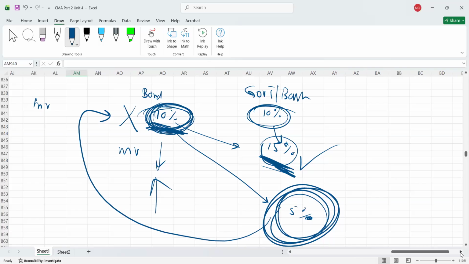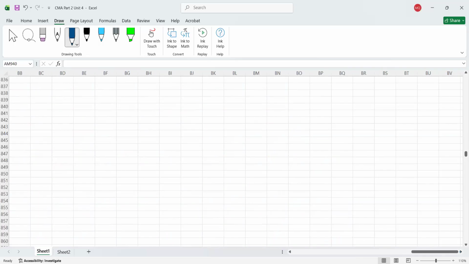So what I'm trying to say is that interest rate risk is that the rate is changing in the market or in banking, so the bond's value is affected. Not only bonds, other things can also be affected.